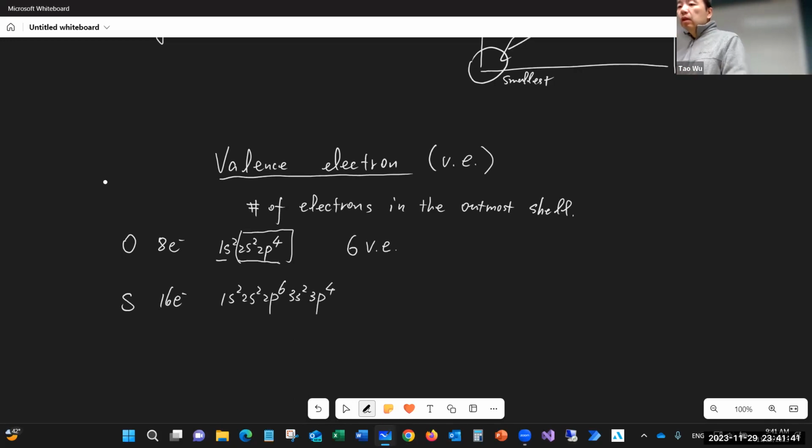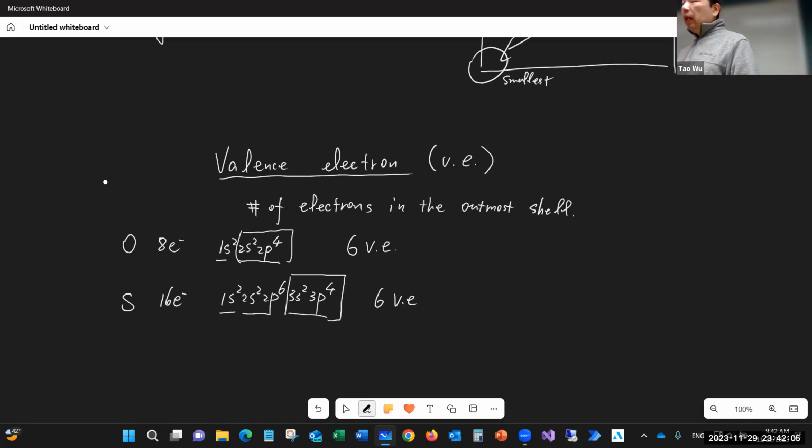Sulfur has three shells, right? 1, 2, and 3. So the third shell is the outermost shell. How many electrons are in it? 2 plus 4. It also has 6 valence electrons.